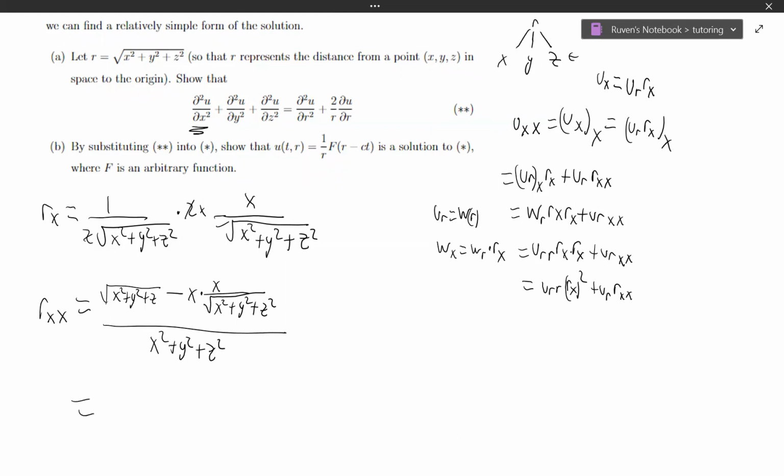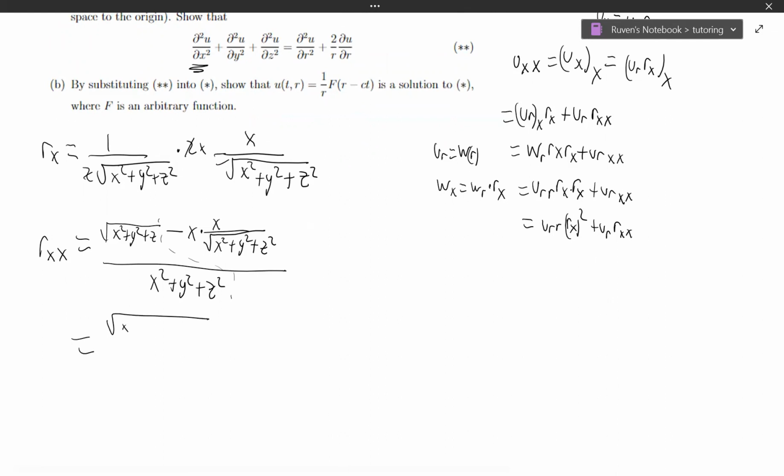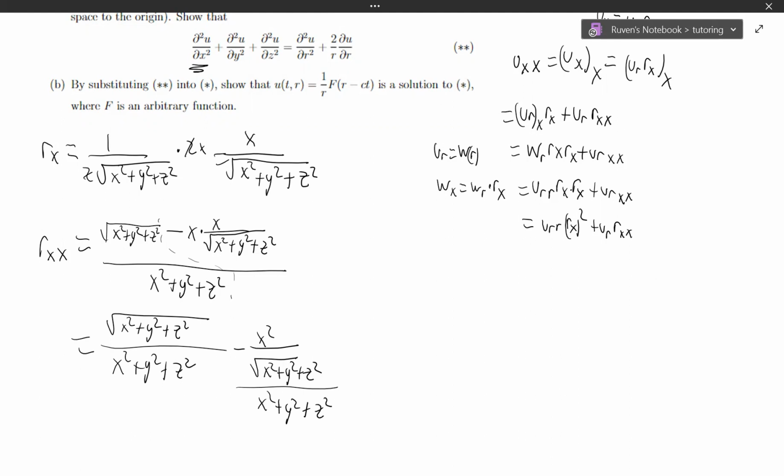So then if we simplify this a bit, what I'm going to do is split this in two right over here. So we're going to get the root of x squared plus y squared plus z squared over x squared plus y squared plus z squared, minus x squared over the root of x squared plus y squared plus z squared over x squared plus y squared plus z squared.